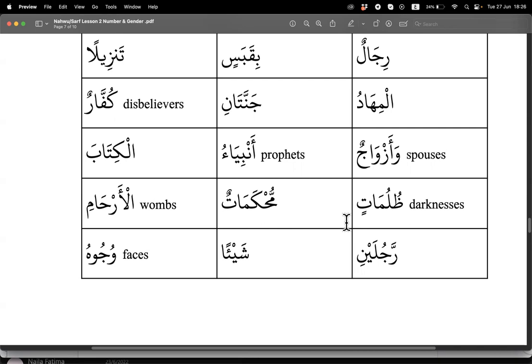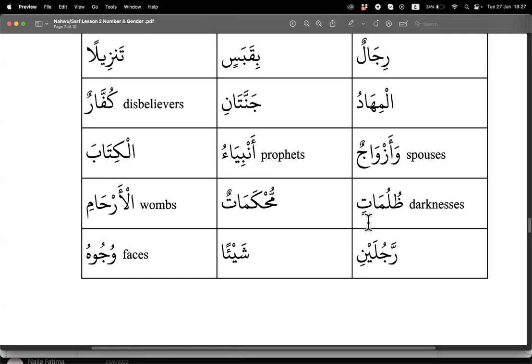Status is nasab or jar, plural feminine. Yes. So if you see the word alone, yes, plural feminine, because plural feminine pattern is not exclusive for people only.